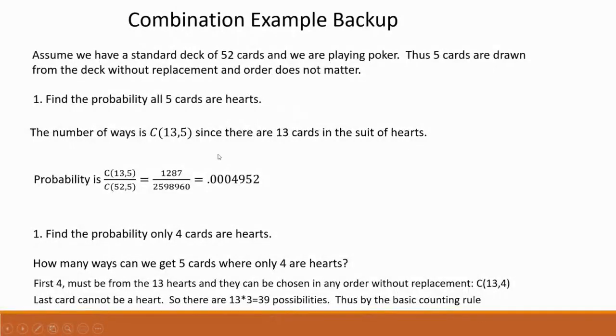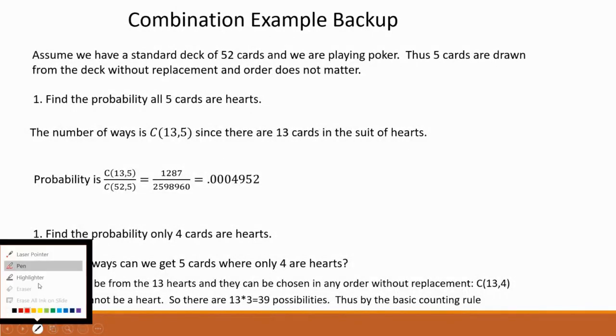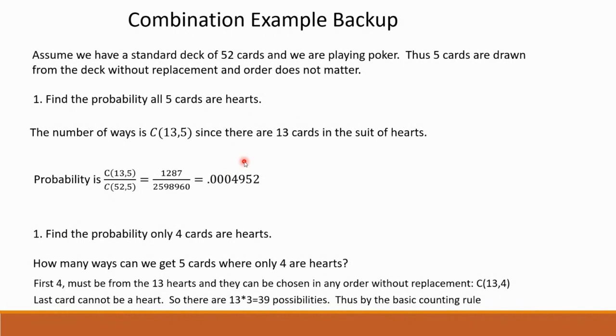We want 5 from the suit of hearts. We don't care about order. Repetition's not allowed. That's what the C of 13-5 is. Because of that, the probability of getting all 5 cards being hearts would be this.